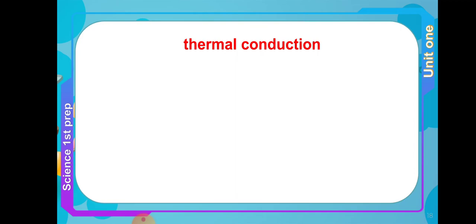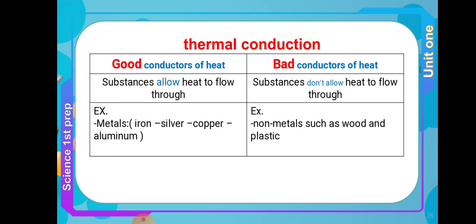Let's study the physical property called thermal conduction, and how we can use thermal conduction to differentiate between different substances. The substances are divided into good conductors of heat and bad conductors of heat. What is meant by good conductors of heat?